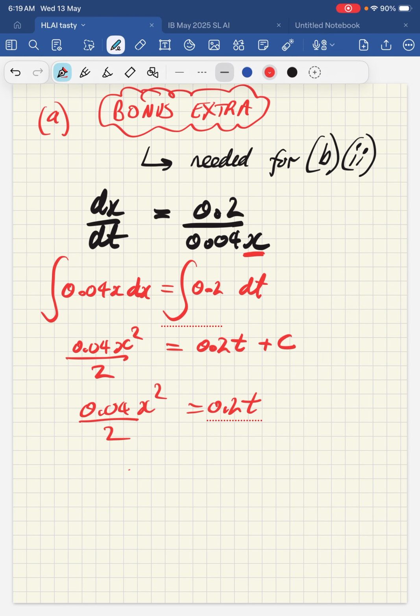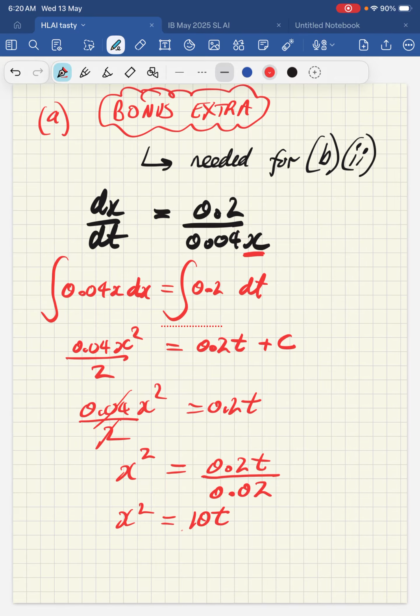And when all's said and done, you have x squared equals 0.2t divided by 0.02, right, because of the 2 and the 0.04 here. So x squared equals 10t. Now that's going to be quite important. t equals x squared divided by 10. We'll come back to this for B part 2.